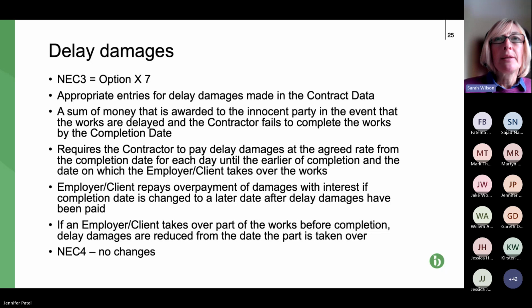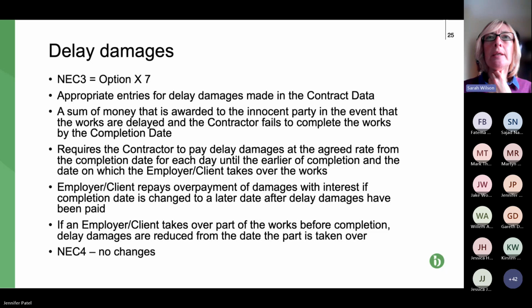And I think apart from that, I just want you to be aware that that's another deduction that a client can make. So this will be predominantly against the contractor because subcontractors don't tend to have liquidated damages. But again, with a subcontractor, the contractor is most likely to deduct general damages from them.